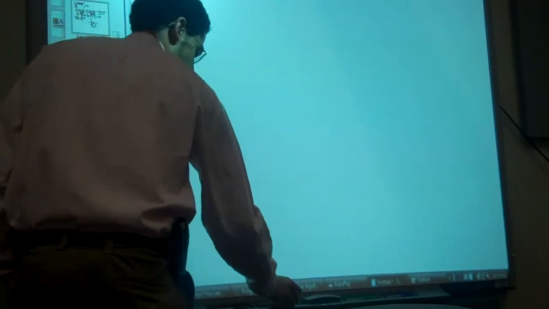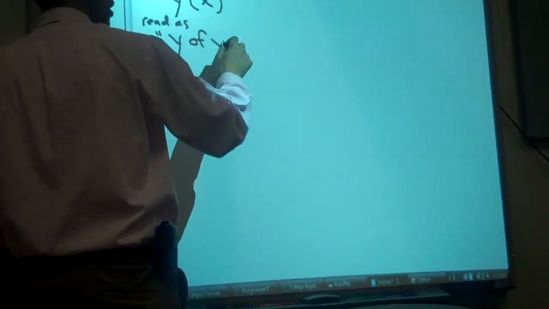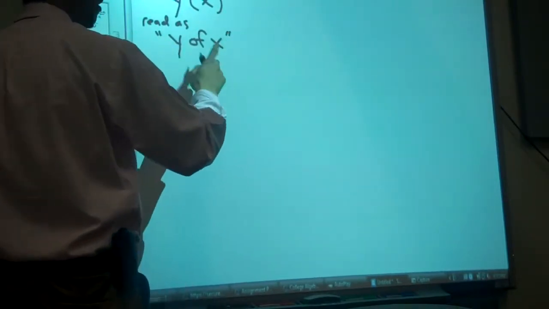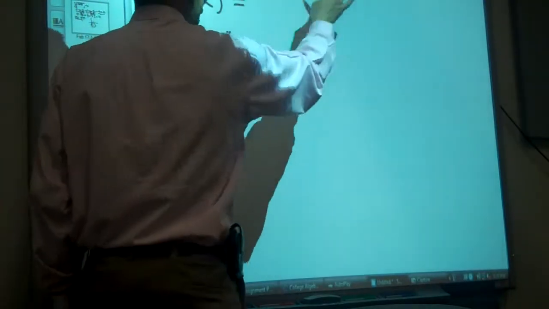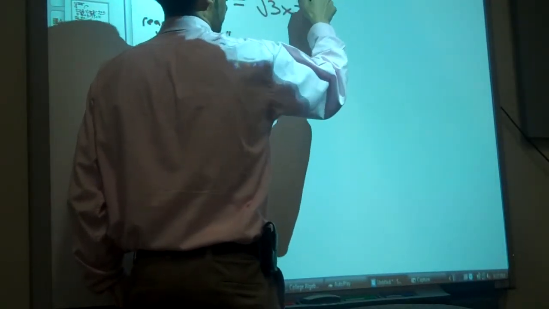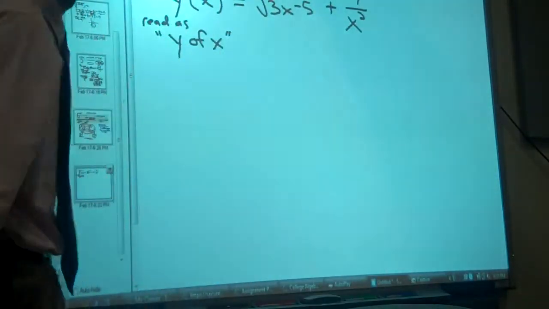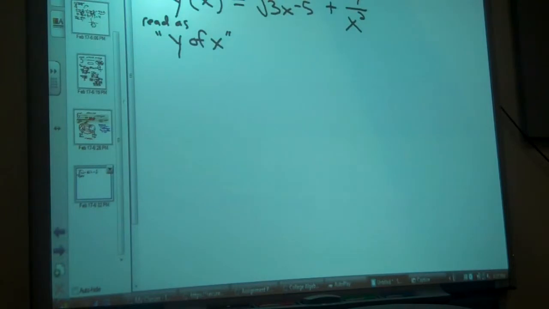The notation that we use, we read this as y of x. y of x is equal to some formula for x on the right-hand side, like the square root of 3x minus 5 plus 7 over x squared. Some formula on the right-hand side. That's a way to represent a function.